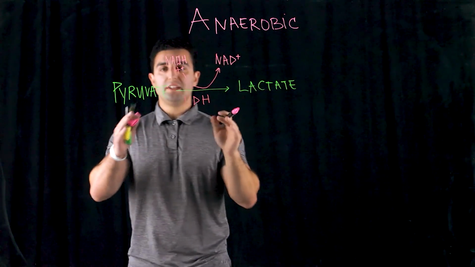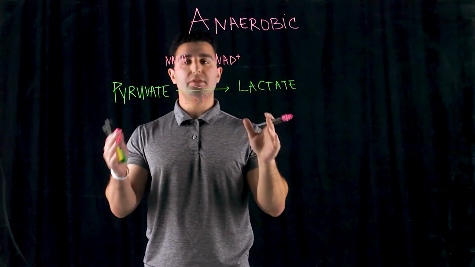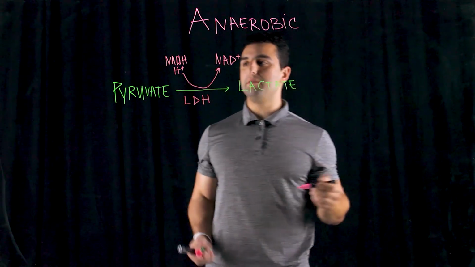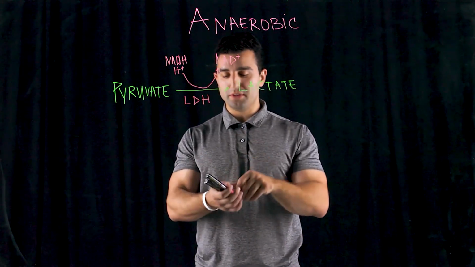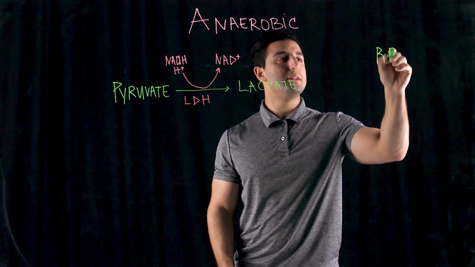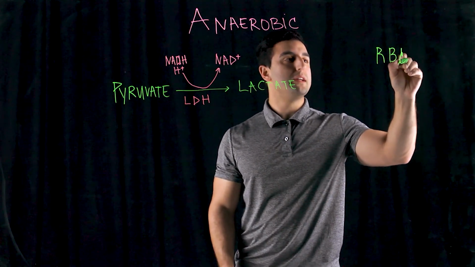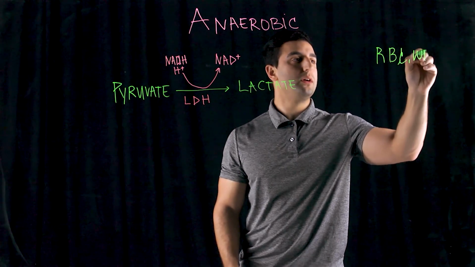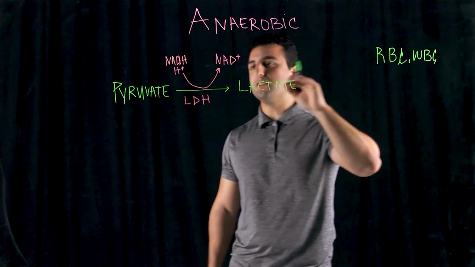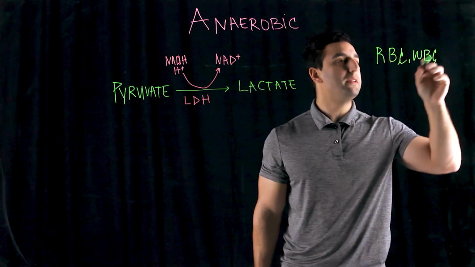This is a physiological phenomenon in many cells of our bodies that do not have membrane-bound organelles, for example red blood cells, white blood cells, and certain cells in the medullary kidneys.